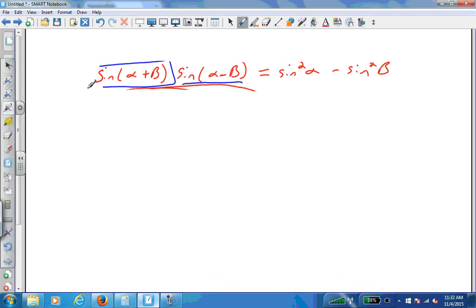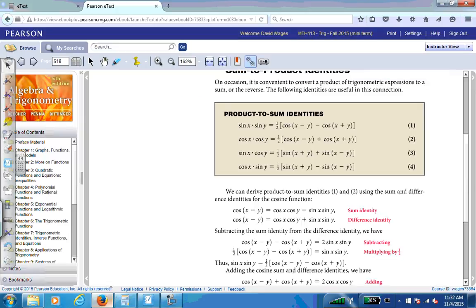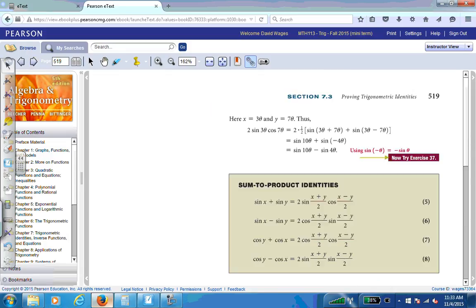Notice we have a product on the left side, but we have a difference on the right side. So we have an identity. Actually, we have two new sets of identities. We have a product to sum, and then I believe it was on the next page, we had a sum or difference to a product.